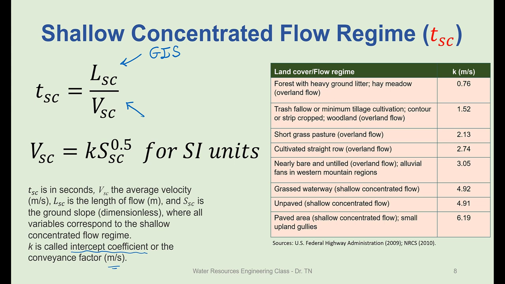So there are tables and nomographs that Federal Highway Administration, ASCE, and Drainage Manual of different states publish that tell you, depending on the land cover that you have, what would be the value of K that you can consider to calculate velocity for shallow concentrated flow. And once you have that velocity, you can put it into this first equation over here and calculate time for shallow concentrated flow. Okay, so very simple equation. You highly depend on nomographs and tables available in different sources to calculate K, and then velocity, and then time.